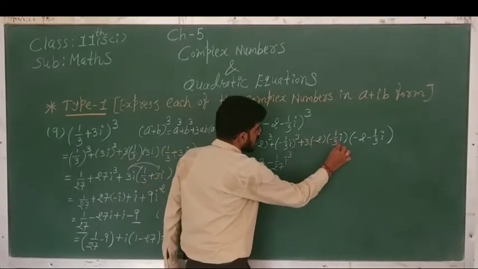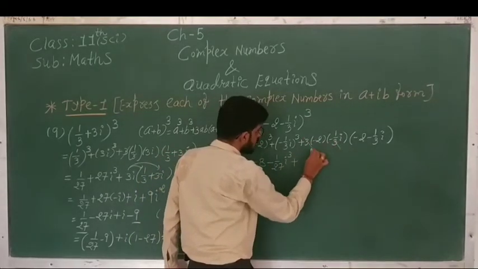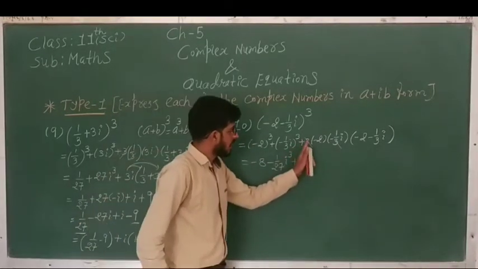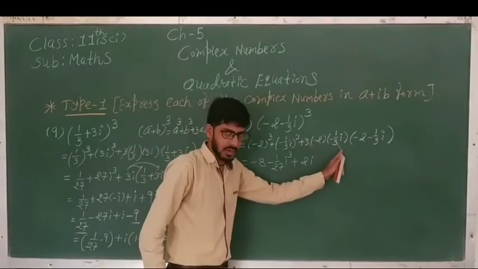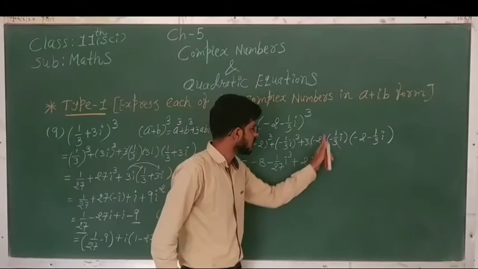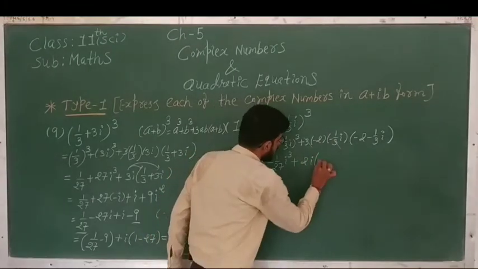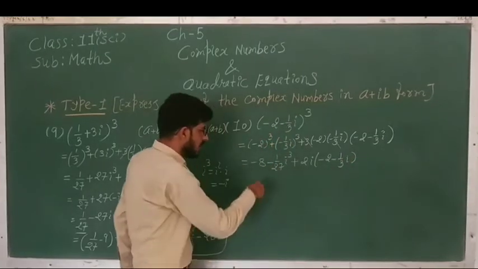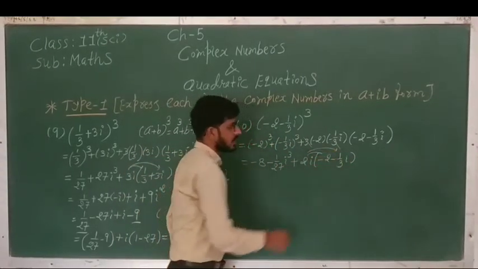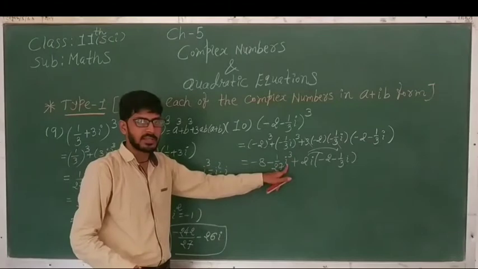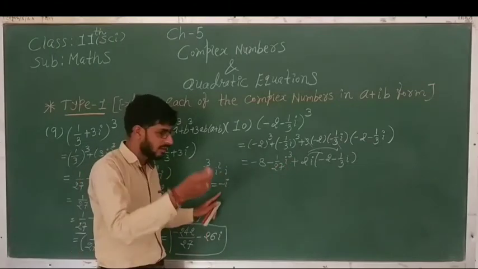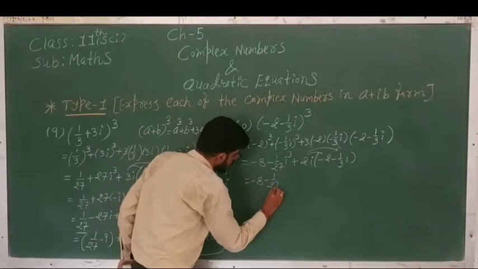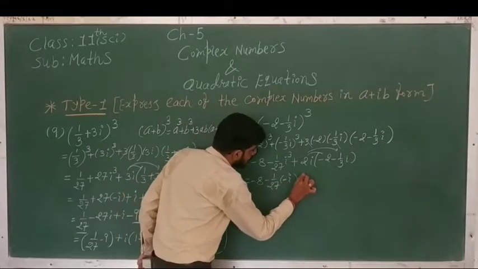Here 3 cancels out, minus minus plus 2i. Again, 3 cancels out, minus minus plus, 2 ones are 2i. Bracket minus 2 minus 1 by 3i as it is. Now we have to multiply 2i in this bracket and put the value of i square as minus 1, so minus i. So minus 8 minus 1 by 27 minus i.